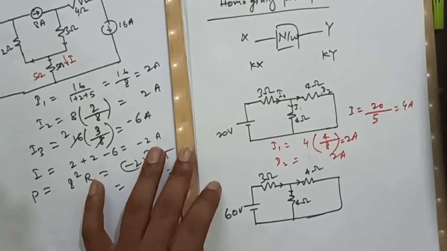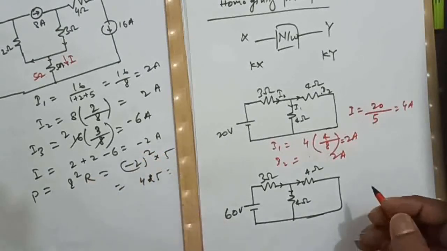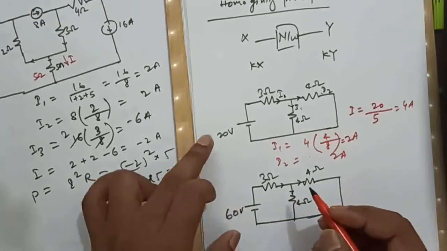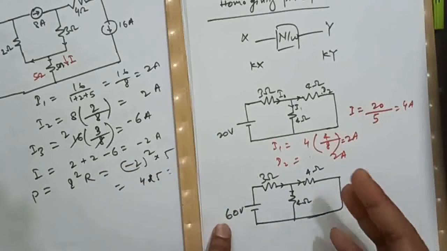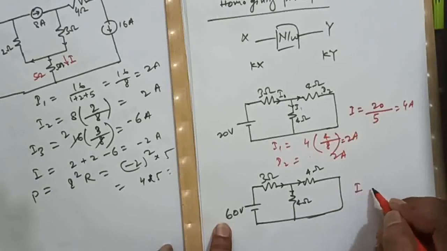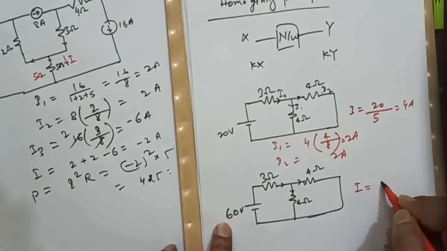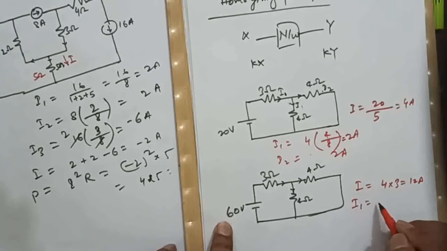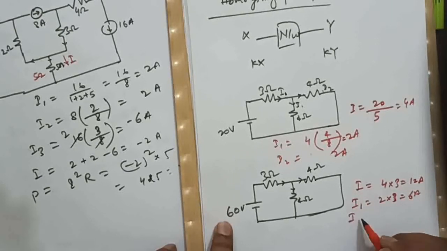According to the homogeneity principle, since the excitation is multiplied by a factor of 3, this I will be multiplied by 3, that is 4 multiplied by 3, 12 ampere. I1 will be 2 multiplied by 3, 6 ampere, and I2 will be 2 multiplied by 3, 6 ampere. Clear?